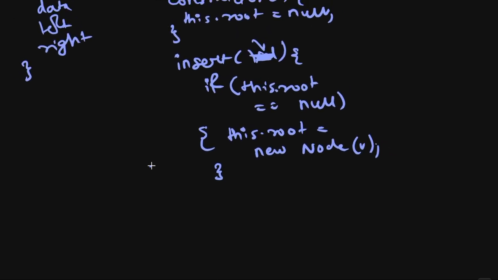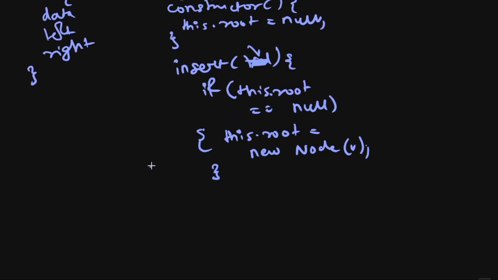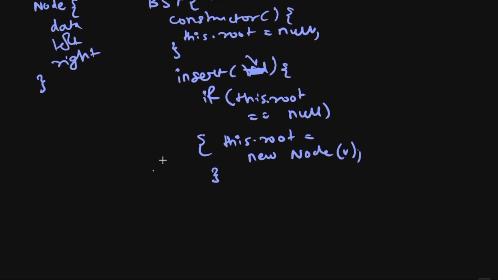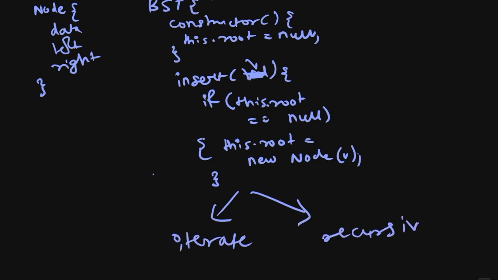So let me just reduce this a bit so you could see everything. So this happened. Now, if the root is not empty, you have to check. There are two methods now: either you can go with the iterative method, or you can go with the recursive method.